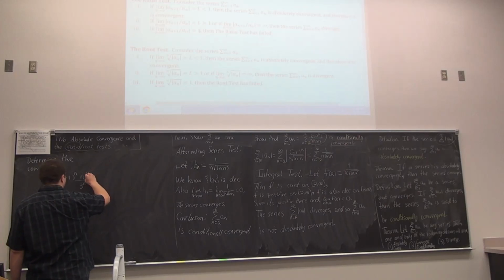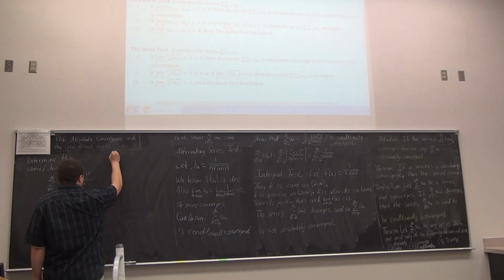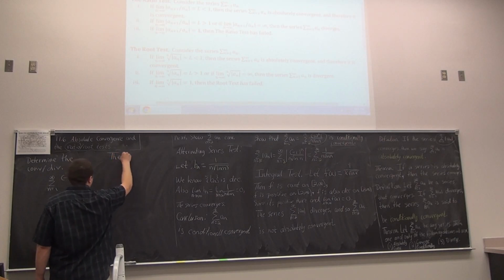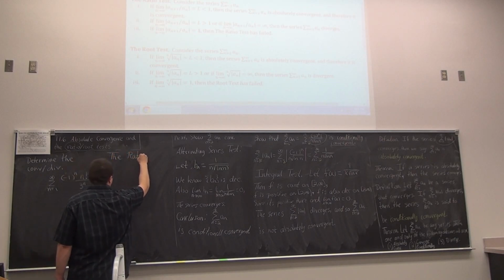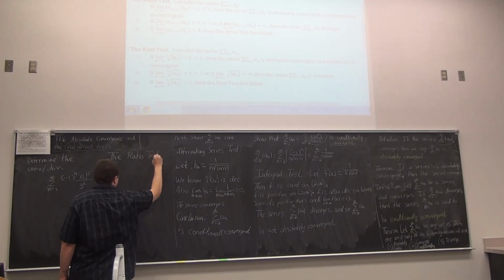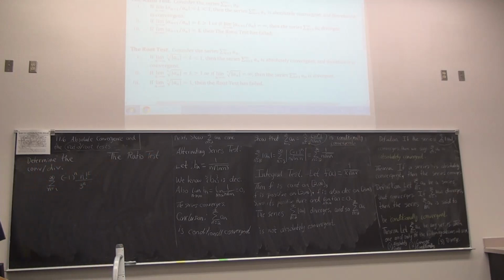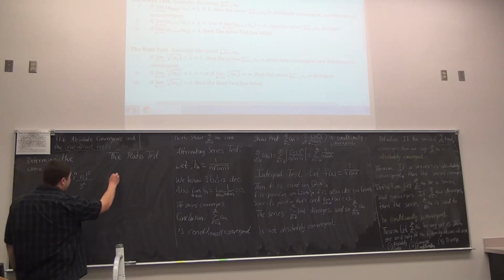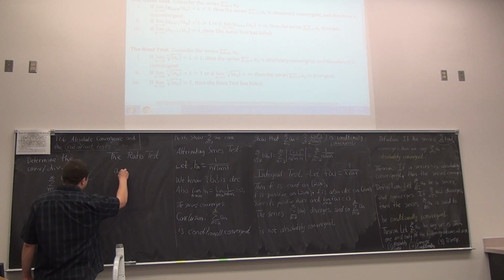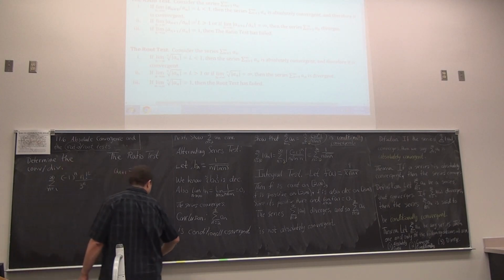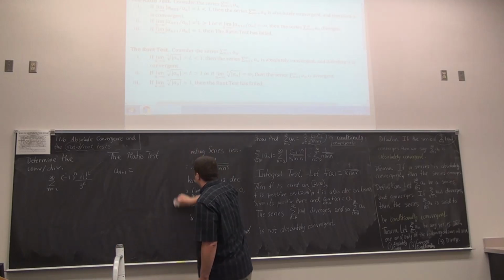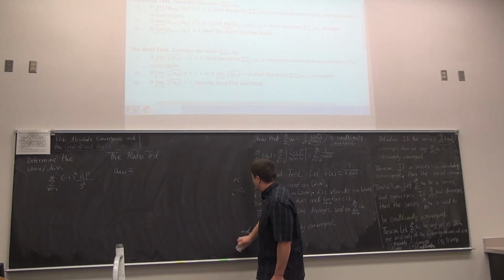So by this factorial symbol, we will use the ratio test. It's called the ratio test because we're going to take a particular kind of limit that involves a ratio of the (n+1)th term with the nth term. So first we have to look at what is a sub n+1.